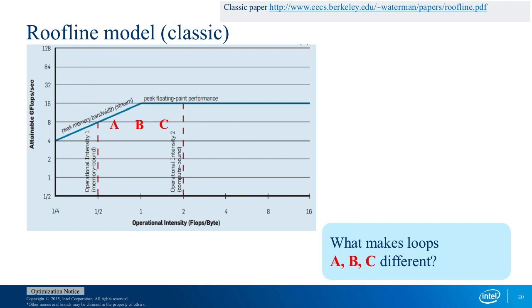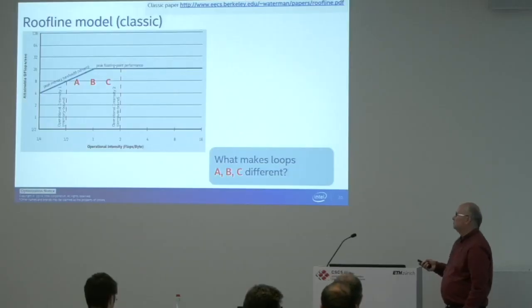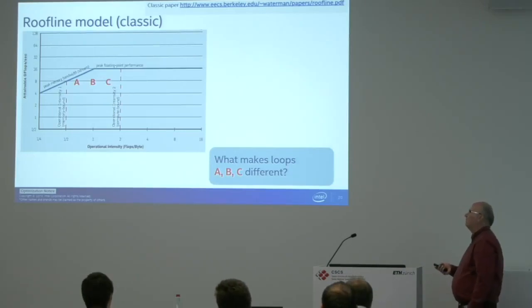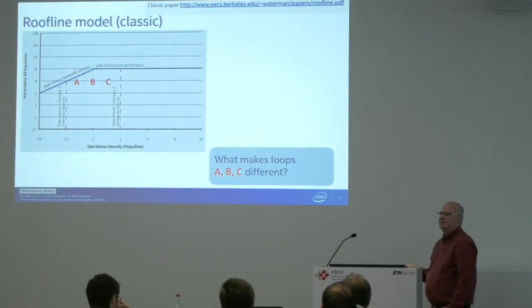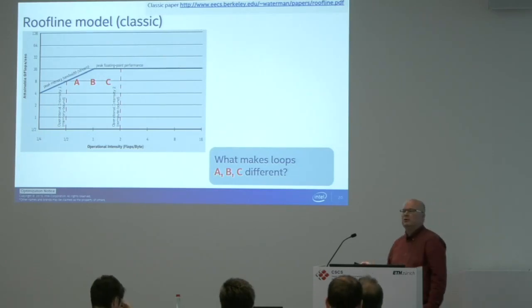So if you have good cache blocking or good reuse inside your caches, then the operational intensity would go up here. But we would prefer to have the same analysis for each code independent of the workload size.